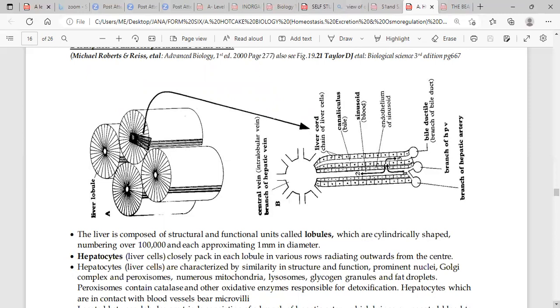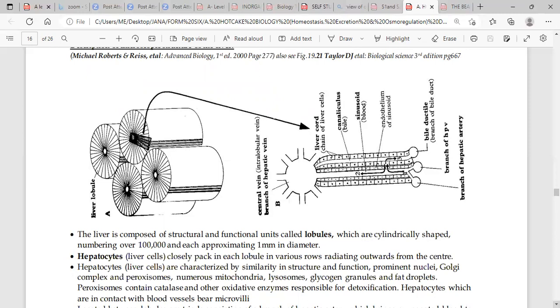Then it has the liver cord, that is the chain of liver cells, the canaliculus, or you can call it bile. We have the sinusoids, where blood is flowing through, and then you have the bile duct down with the branch of the hepatic portal vein.